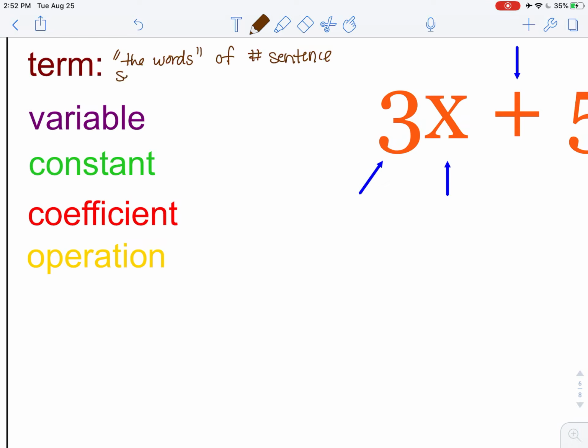Our terms are separated by plus or minus signs. The plus sign can represent a positive or a plus. It's the same thing. And a negative can represent a negative or a minus. Same thing.